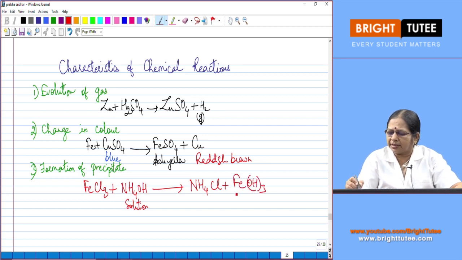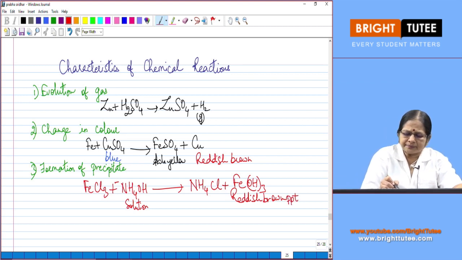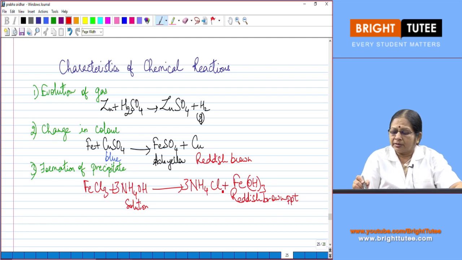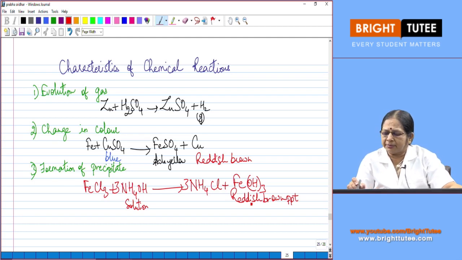Ferric hydroxide is a reddish brown precipitate. So the precipitate shows a chemical reaction has happened, because the indication showing completion is the precipitate which is settling down.